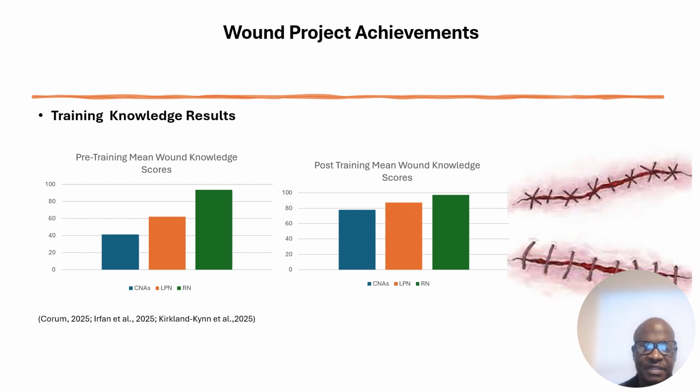I can report that there was tremendous improvement, where the certified nursing assistants moved from 41% to 78%, the licensed practical nurses moved from 62% to 87.5%, while the registered nurses moved from 93% to 97%.